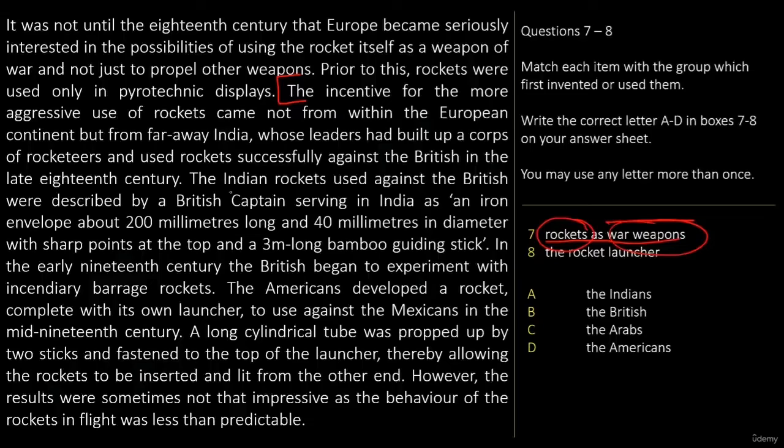They have mentioned aggressive use of rockets, so this phrase is giving you a hint of war weapons. Second thing, "within the European continent, but from far away India." See, they already mentioned the answer here. Rockets used as a war weapon is mentioned in the first part, and the second part provides you the answer, that's A.